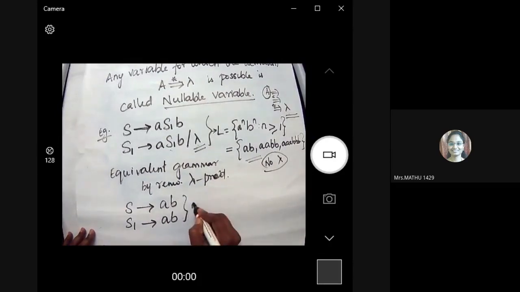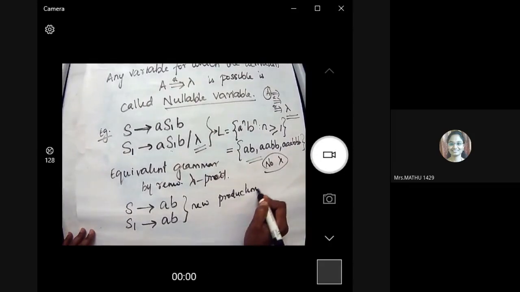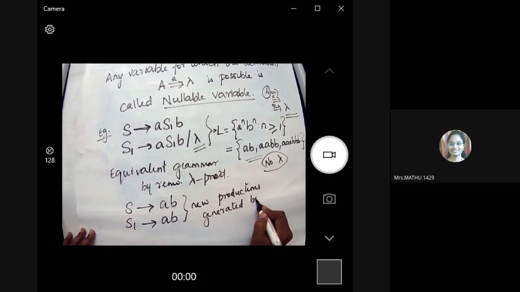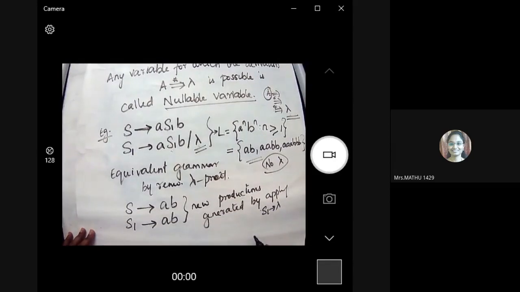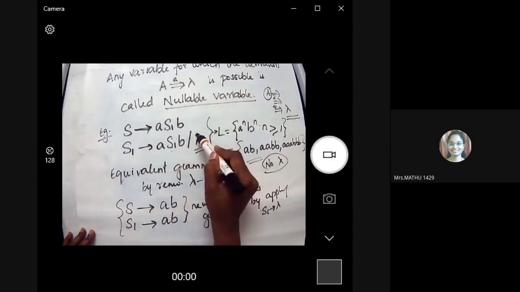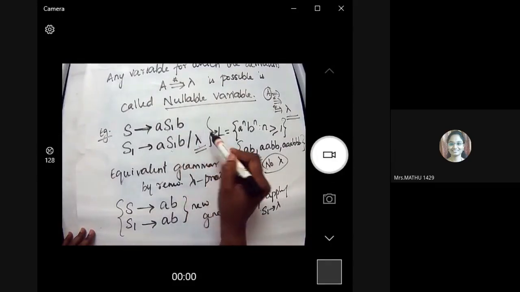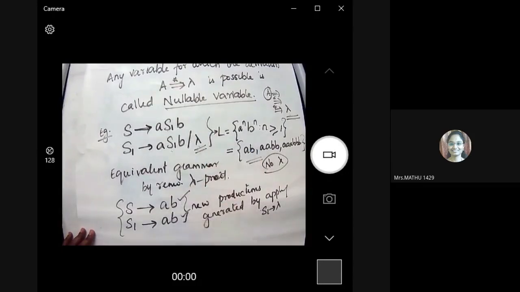So these are some new productions we are generating by applying S1 gives lambda. Now we can include these productions into your actual grammar by removing this lambda. By substituting this lambda only, we are generating these new productions.